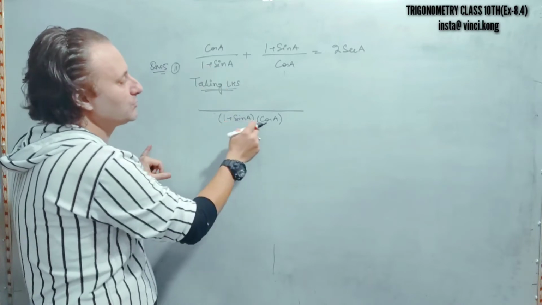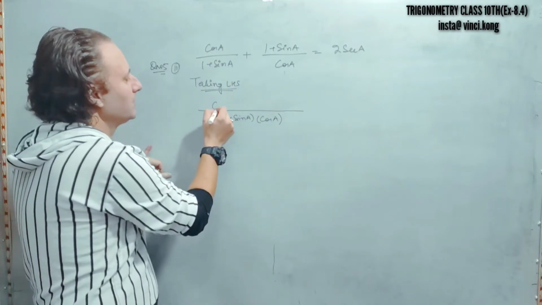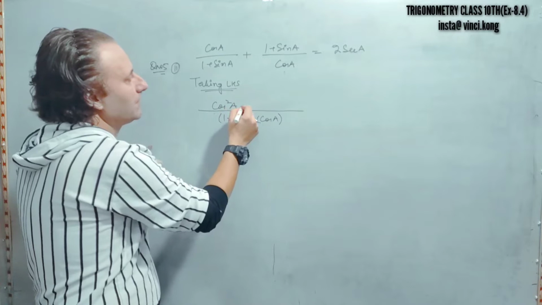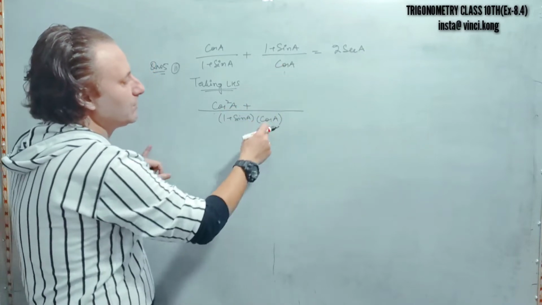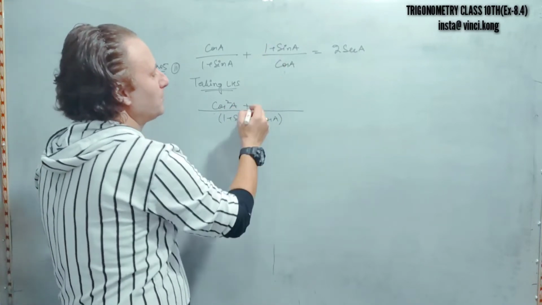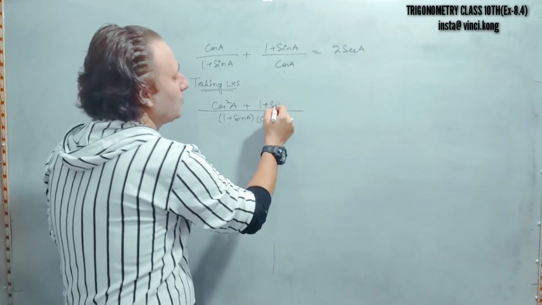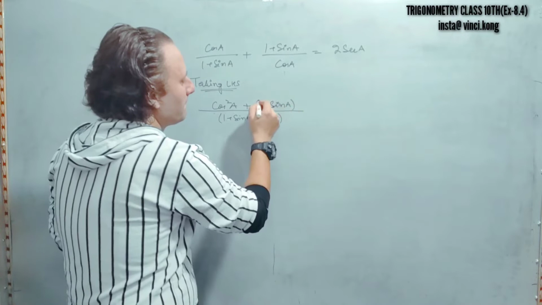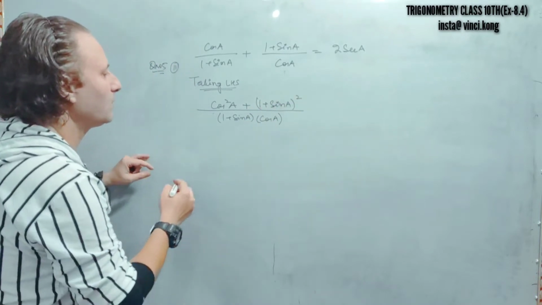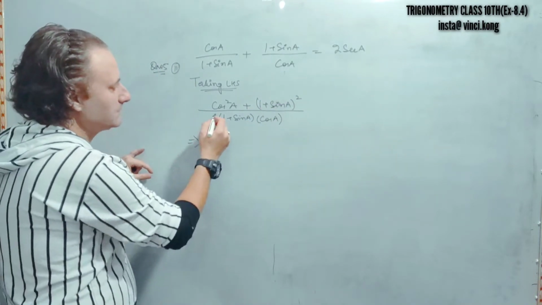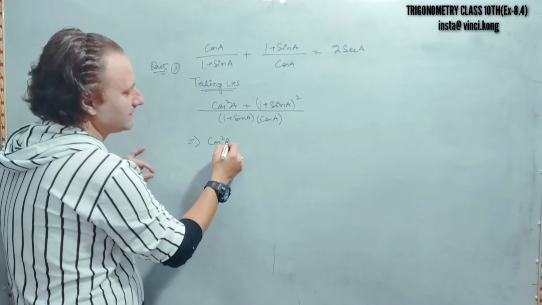So this and this goes. Cos A into cos A becomes cos square A. Then cos A gone. We have 1 plus sin A, which means 1 plus sin A whole square. Now this cos square A as it is.